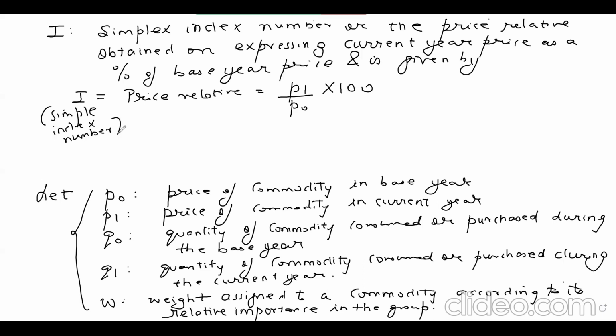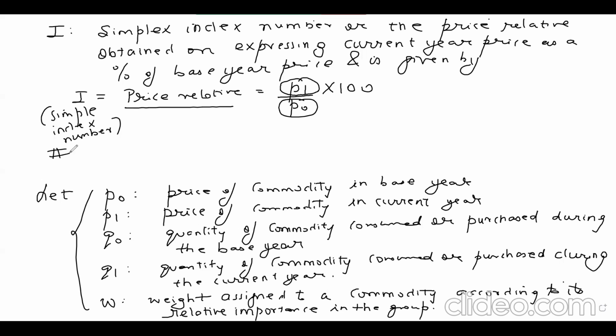So the price relative is going to express the current year price as a percentage of the base year price. Current year price divided by base year price times 100 gives me the simple index number. Okay, so this was I.